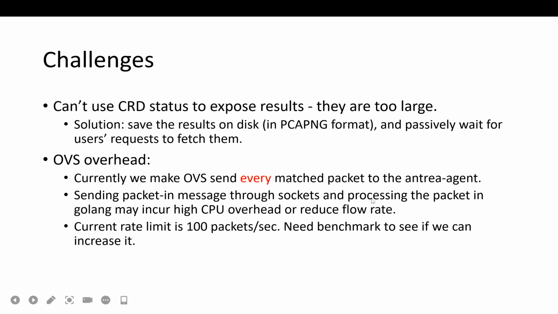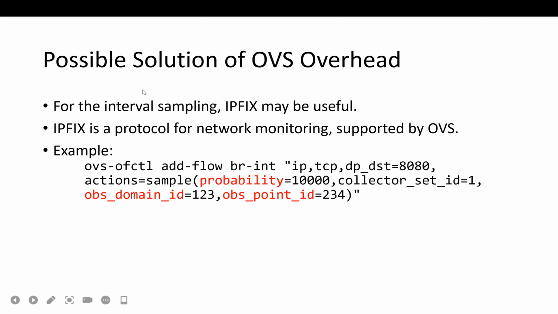Also, processing the packet-in message in the Antrea process may incur high CPU overhead. So this may reduce the flow rate as well. Currently, the project sets a rate limit of at most 100 packets per second. More packets than this will be dropped directly. We may need some benchmark to see if we can increase the rate limit, or we have to optimize the whole pipeline.